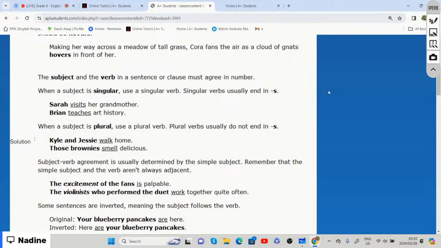Then we have our plural subject and plural verb.